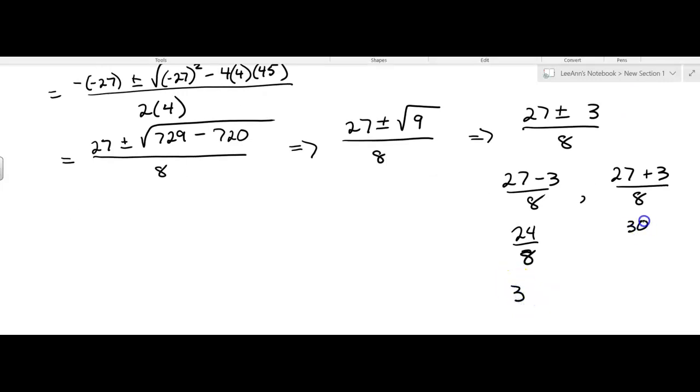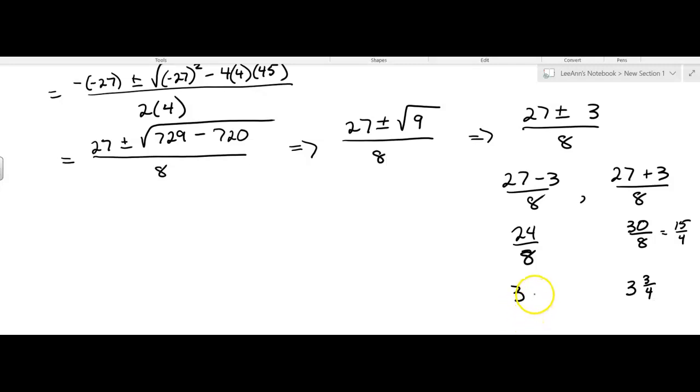And then 30 over 8, which simplifies to be, let's see, 15 over 4. And then I'm going to make it a mixed number. So 4 goes into 15, 3 and 3/4. Okay, these are times, so it's going to be seconds.